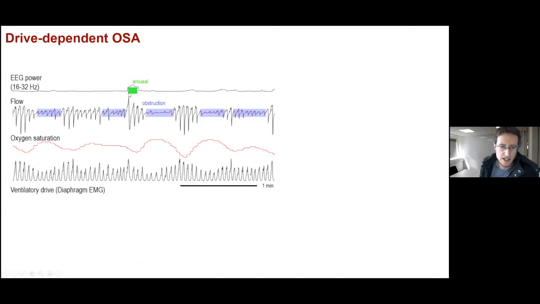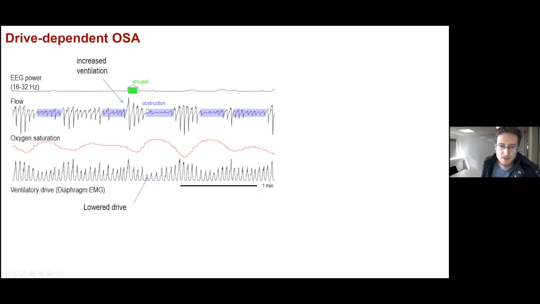That triggers an arousal. We have a patient who hyperventilates now, increased flow, increased ventilation. I'm going to use flow and ventilation interchangeably today. When they increase flow, or they get a little bit of extra flow from the arousal, they're going to have, if you like, a hypocapnic or loss of chemical drive, and then the loss of actual diaphragm EMG signal.